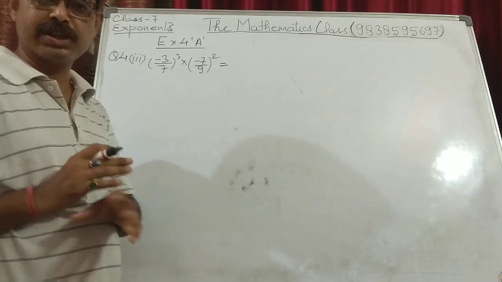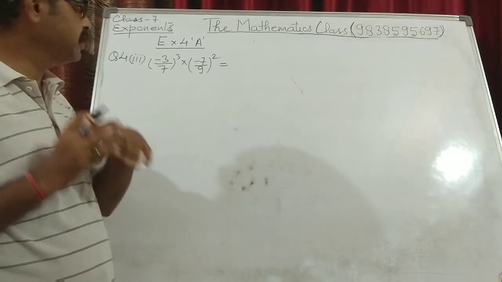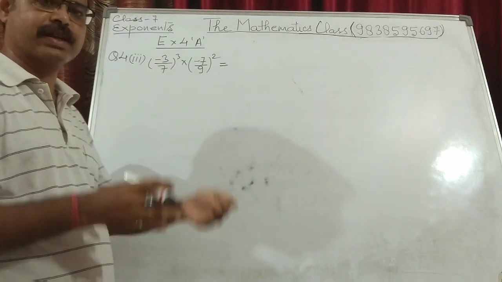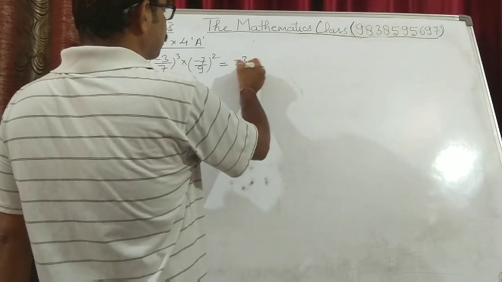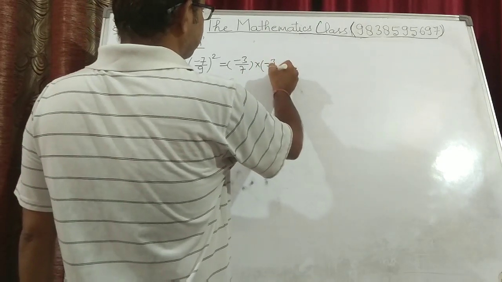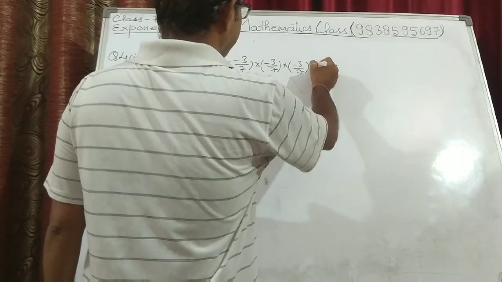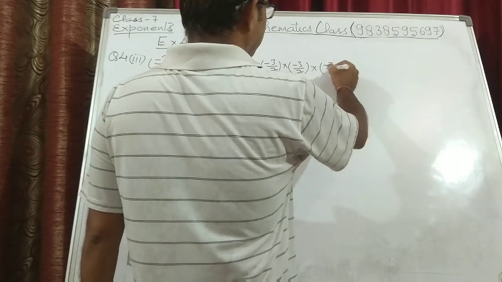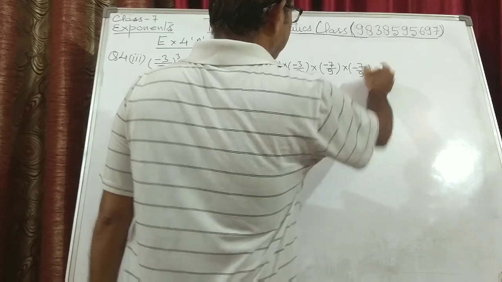What you are going to do, since you don't know any laws, is the basic way we solve: we just write it in expanded form, and then whatever is cancelling we will cancel, and whatever is left will be your answer. So minus 3 upon 7 to the power 3 can be written as minus 3 upon 7 into minus 3 upon 7 into minus 3 upon 7, and minus 7 upon 9 to the power 2 can be written as minus 7 upon 9 into minus 7 upon 9.